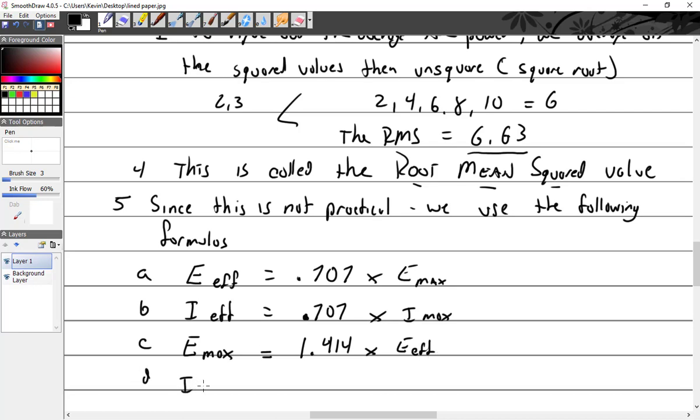And I max is the same: I max equals 1.414 times I effective. Or we can divide.